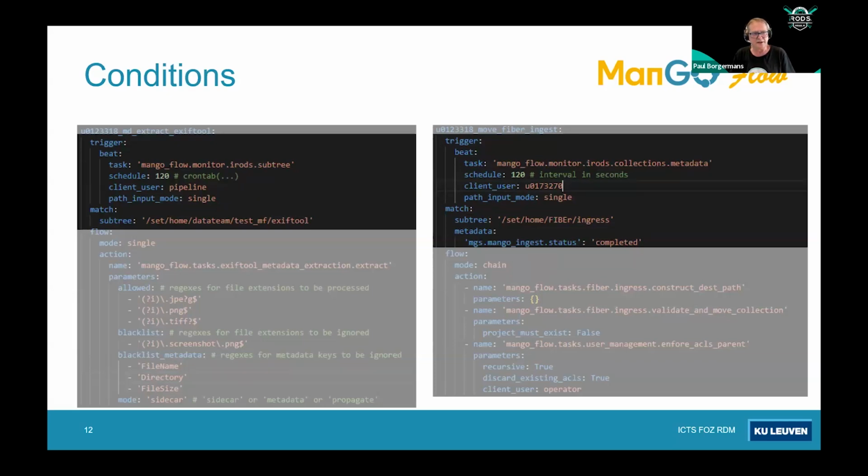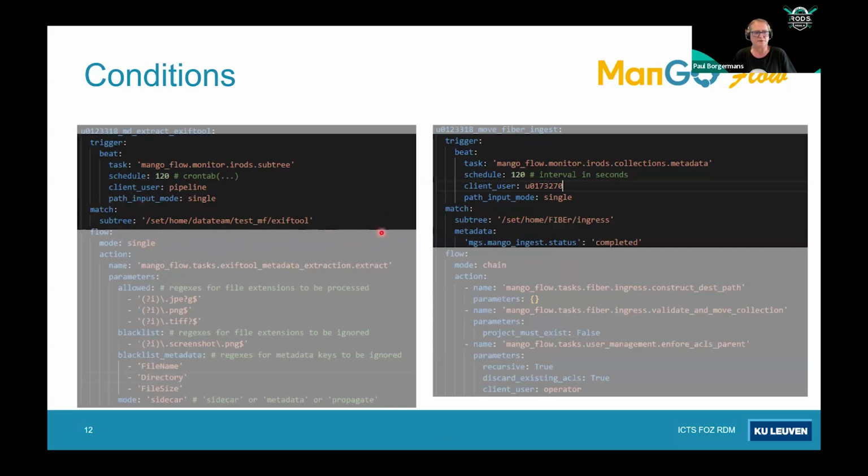First of all, there are the conditions. The conditions of when a workflow can be launched start with the schedule already. So the condition might be like every 2 minutes, something may happen on the condition that some criteria are fulfilled. On the left side, you see a simple single criterion.